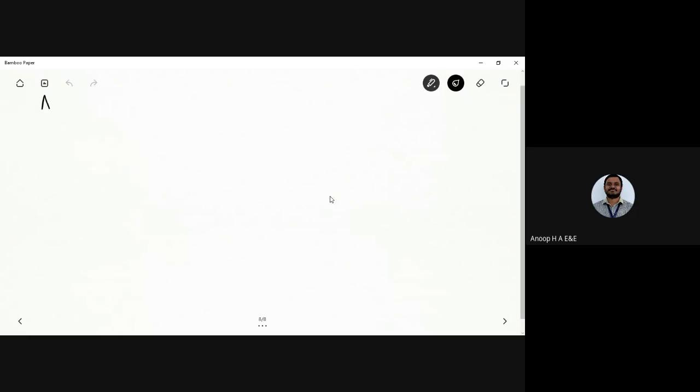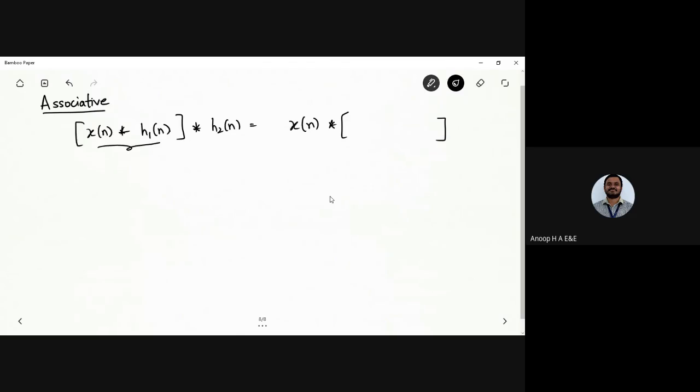Next you have the associative property. So you will be having x of n convoluted with h1 of n, under the bracket, convoluted with h2 of n. That is x of n convoluted with the convolution operation performed on h1 of n and h2 of n.